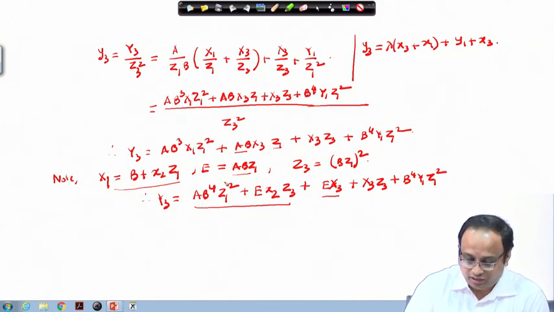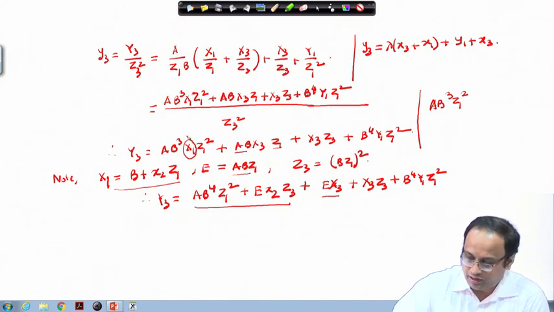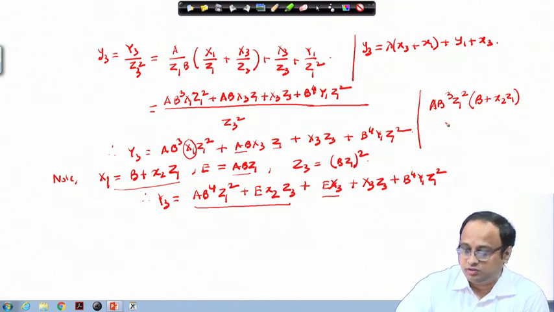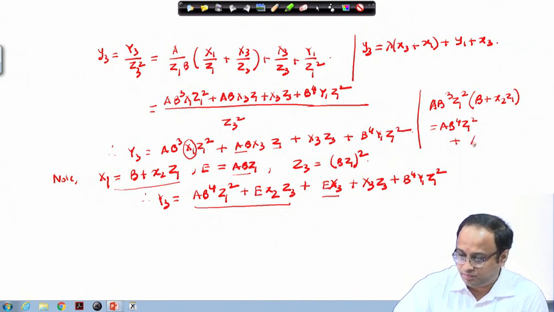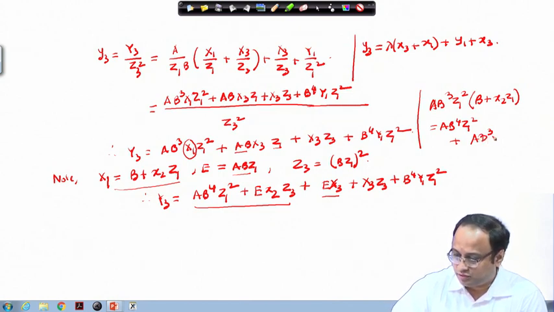Okay. And likewise, you can just verify this, that is, if I for example write ab cube z1 square, and instead of capital X1, that is this part, I write b or b plus x2 z1, then I have got a b to the power of 4 z1 square plus ab cube, and I have got ab cube z1 to the power of 3.